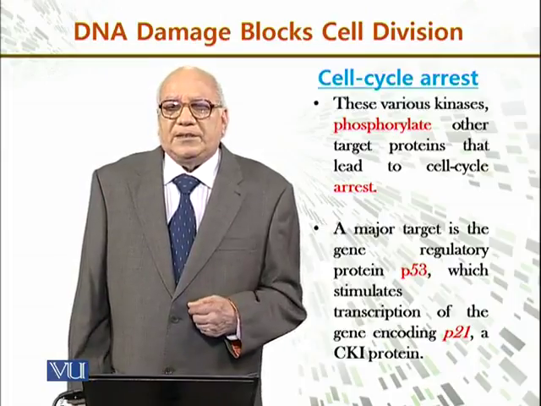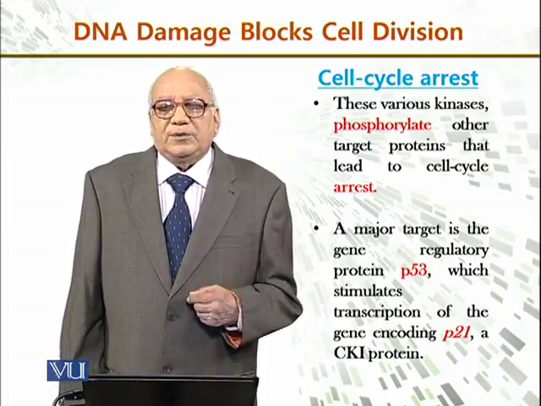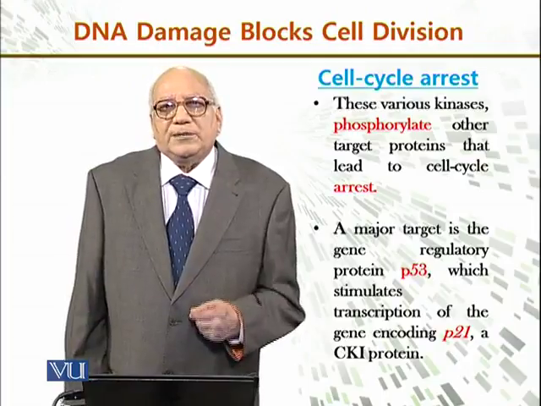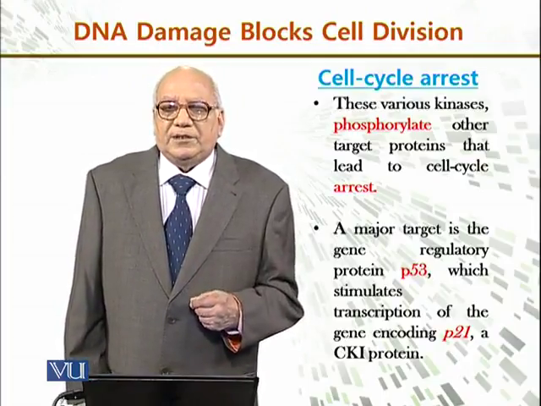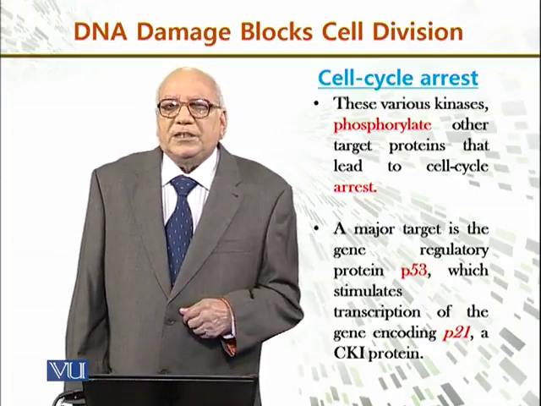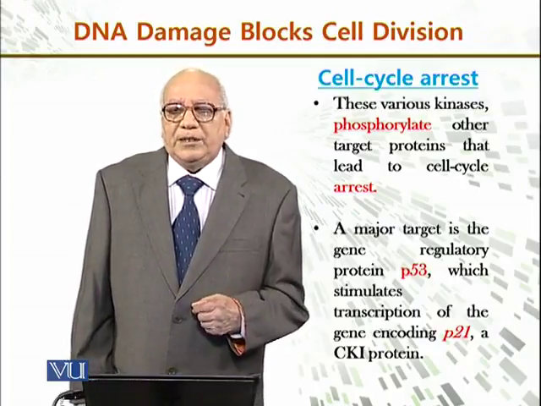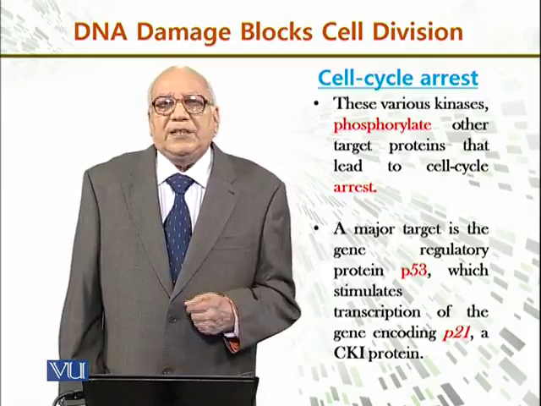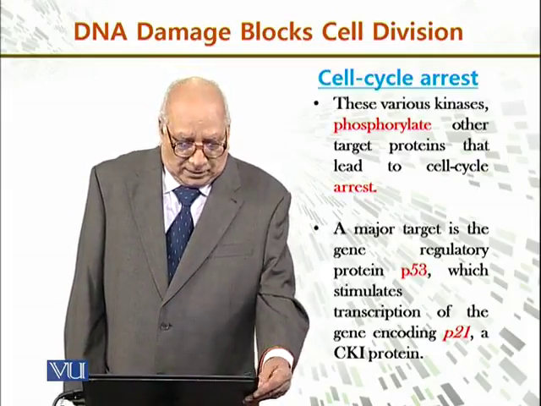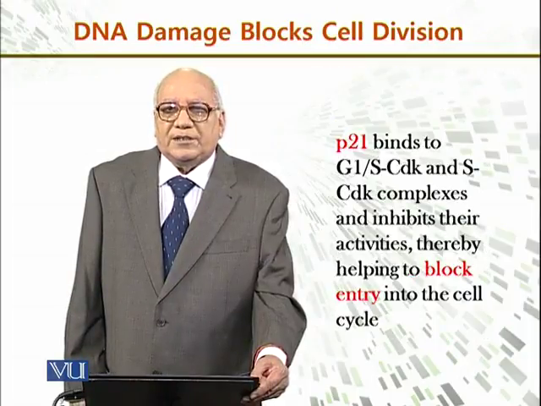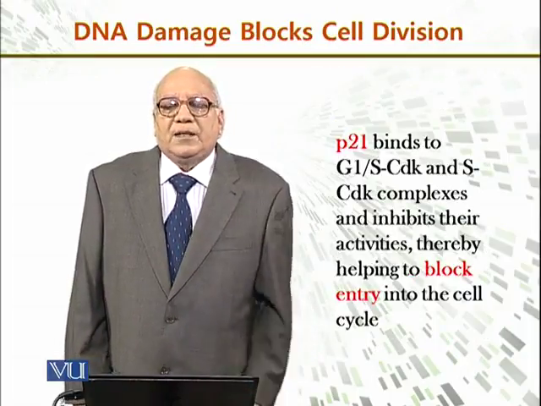A major target is the gene regulatory protein known as P53, which stimulates transcription of the gene encoding P21, a CDK inhibitor protein. So you see there is a whole cycle of proteins which are related together.